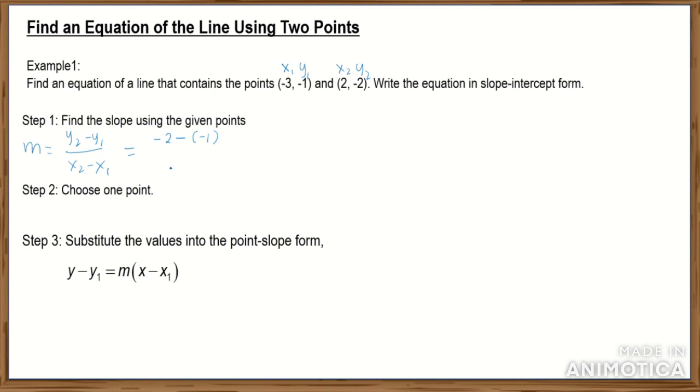This is to avoid forgetting the negative sign of 1. Minus, x sub 2 is positive 2 minus our x sub 1, which is negative 3, so it's negative again. Do not forget to enclose it in a parenthesis.